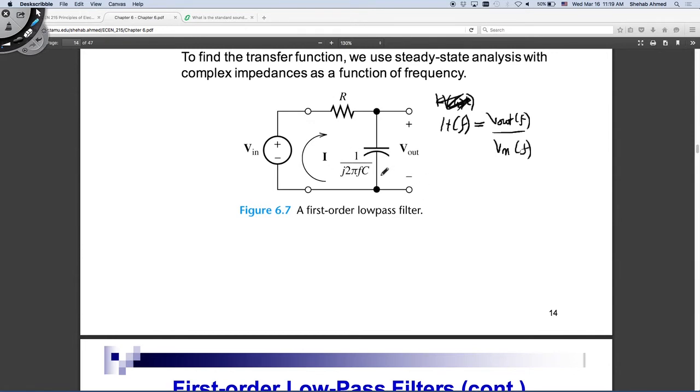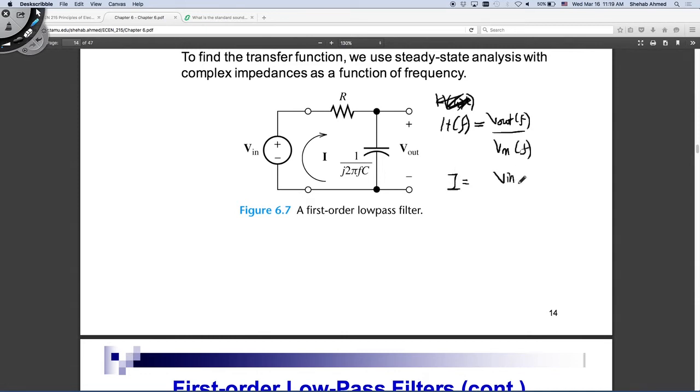What is V out equal to? It's a circuit, right? So I can find the current, I, and if I take I multiplied by this impedance, then I have V out. Or I can use Kirchhoff's voltage law, take V in multiplied by this impedance, and then divided by the sum of the two impedances, right? So if I go the route of calculating the current, I is equal to what?